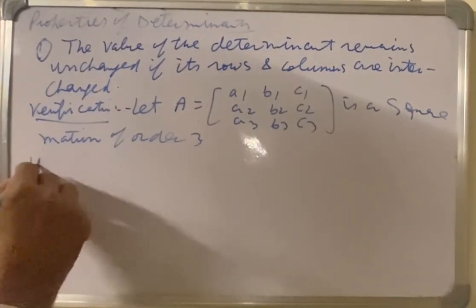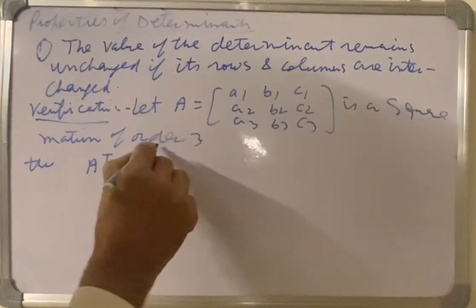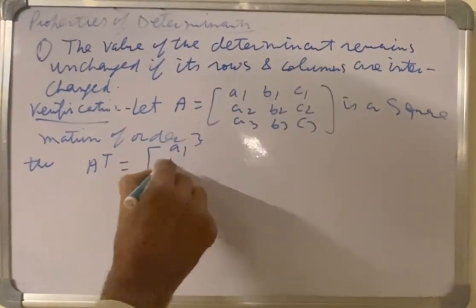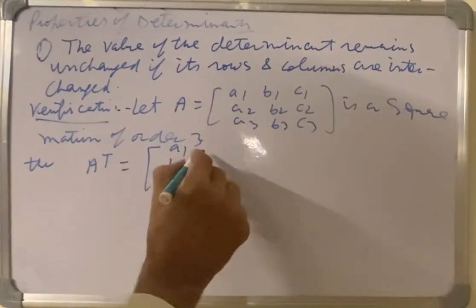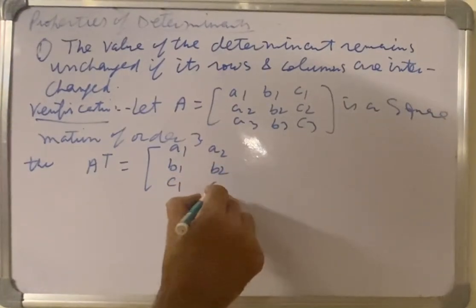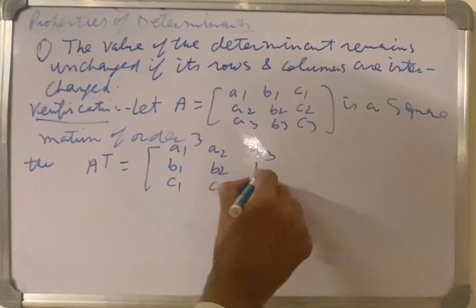Then the transpose of A is: the first row will become the first column, A1 B1 C1; the second row will become the second column, A2 B2 C2; the third row will become the third column, A3 B3 C3.